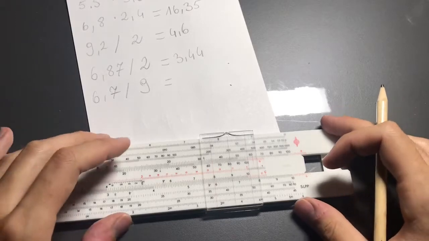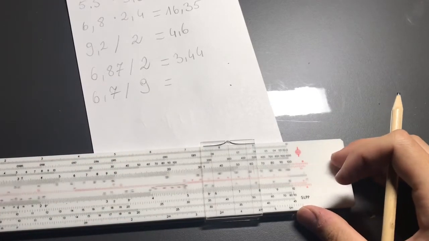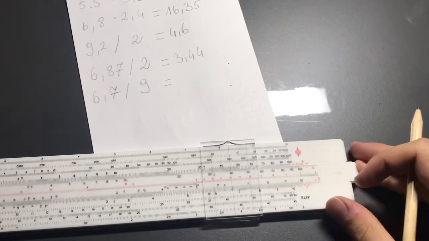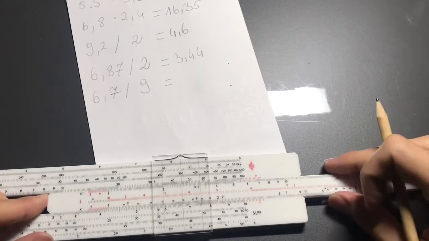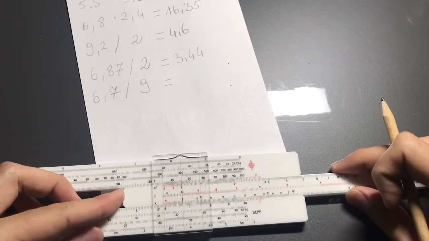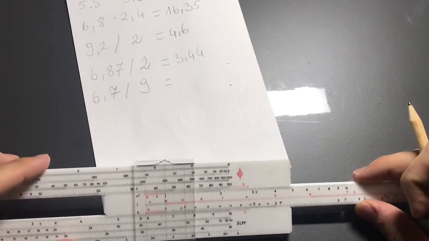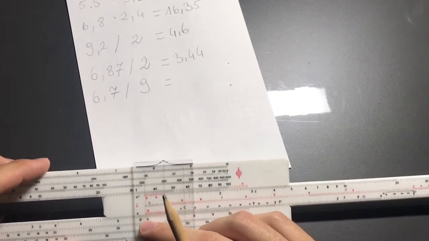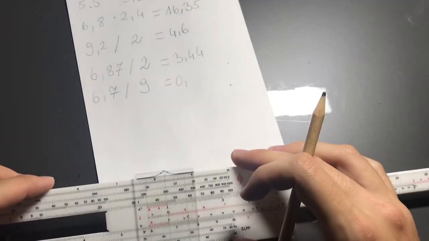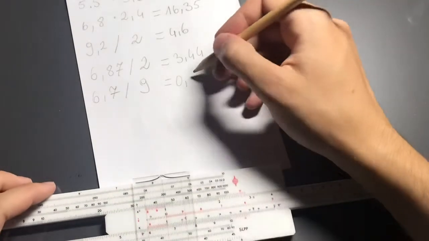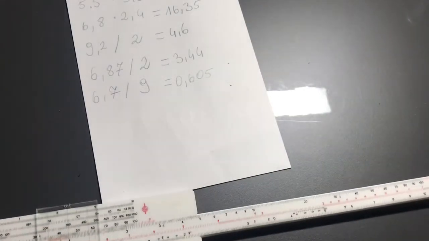So we need to do it. We have overlapping scale here, so you can see that it will be like 0.605 or something like that.